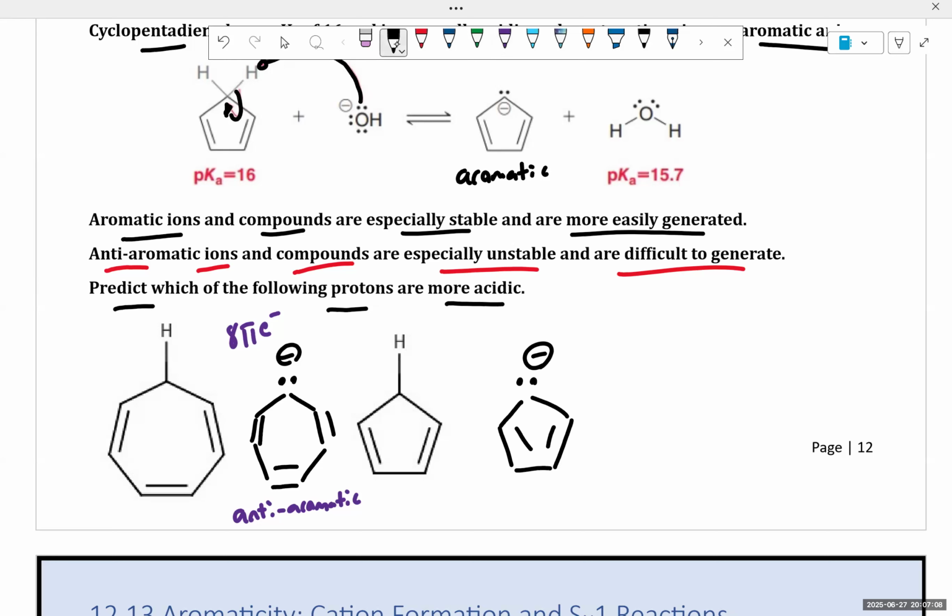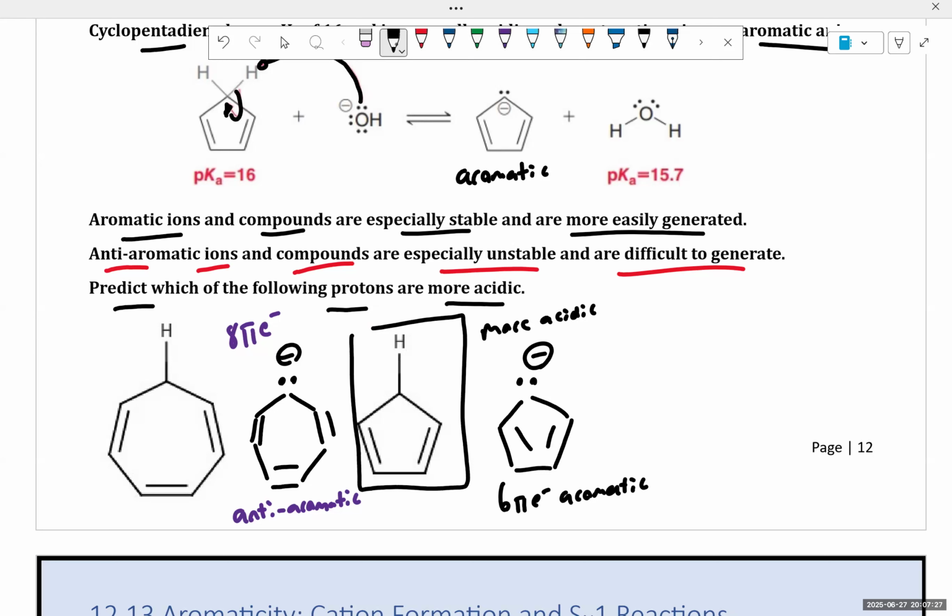For the compound on the right, we have 6 pi electrons, so this is aromatic. Because it is far easier to generate an aromatic conjugate base by deprotonation, this parent acid is going to be more acidic. And specifically, this proton is going to be more acidic.